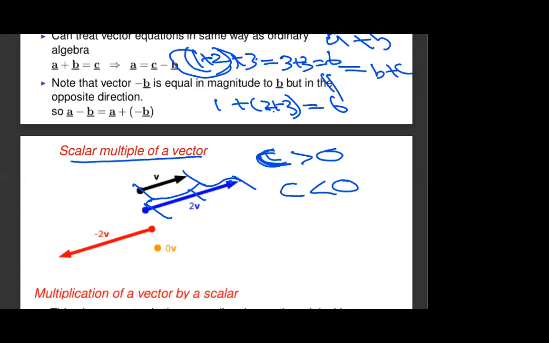This direction will change to the other side. But the magnitude of C times vector V would be the magnitude of C times the magnitude of vector V.